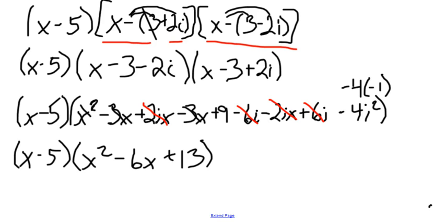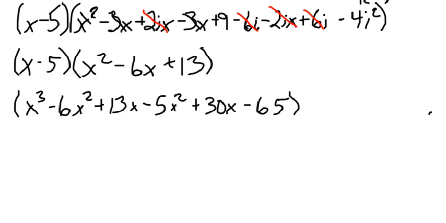Now you should go through and multiply these two polynomials together. If you multiply x minus 5 times x squared minus 6x plus 13, you should get x cubed minus 6x squared plus 13x minus 5x squared plus 30x minus 65. Now we're just going to simplify this, and this will give us our polynomial f of x with its lowest degree that has those given factors.